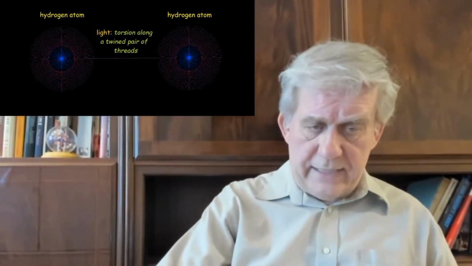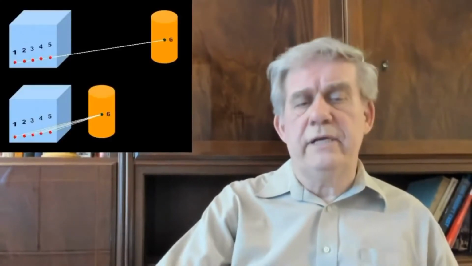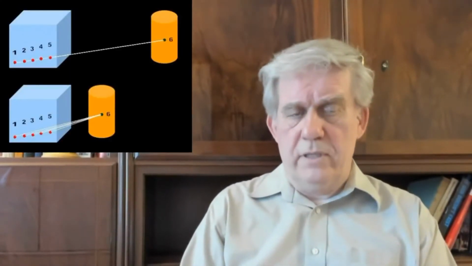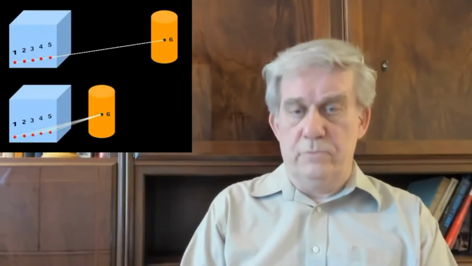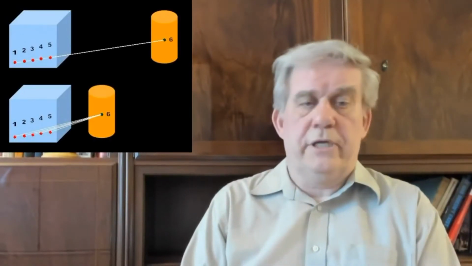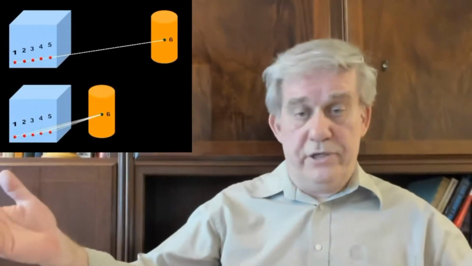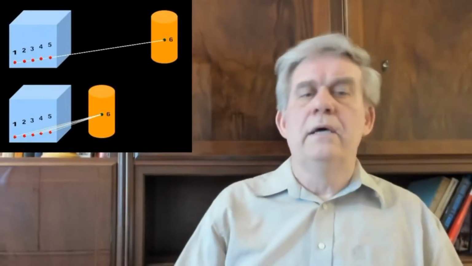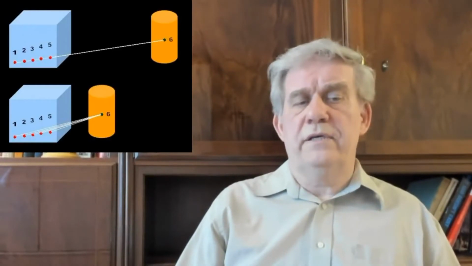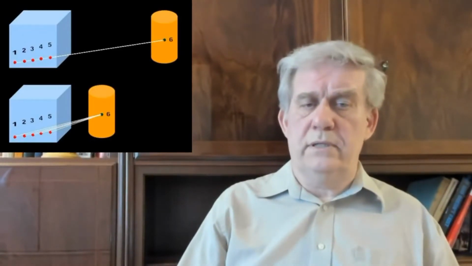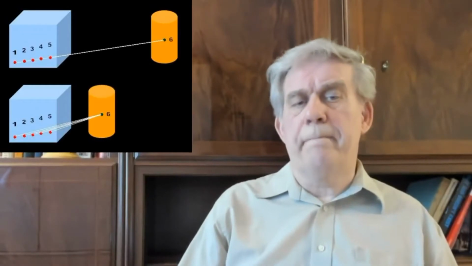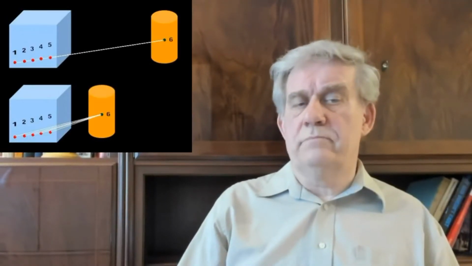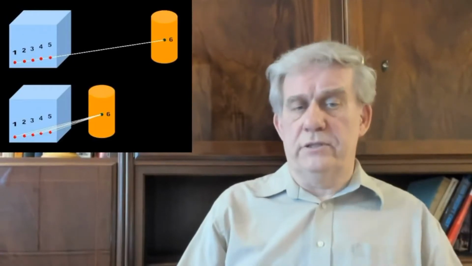If we take light out of there, now we're going to put something else. We're going to give a little image of gravity. Here's the essence of gravity. We're saying two objects move together, they could be celestial objects, they could be anything here on Earth. As you can see here, there are 5 atoms on the cube on the left-hand side of the screen, and 1 atom connected to 1 atom in the cylinder, number 6.